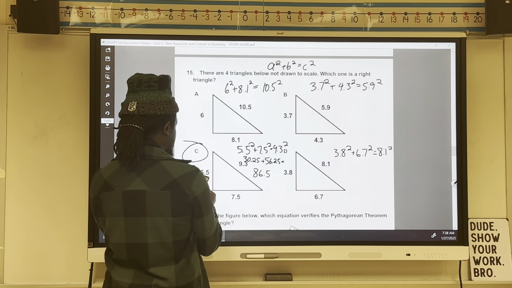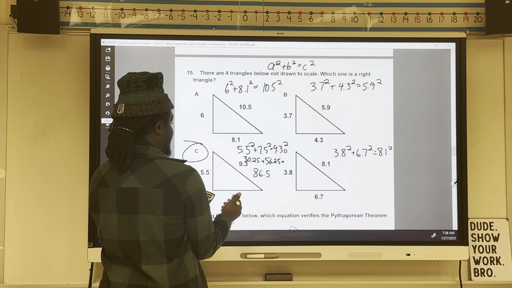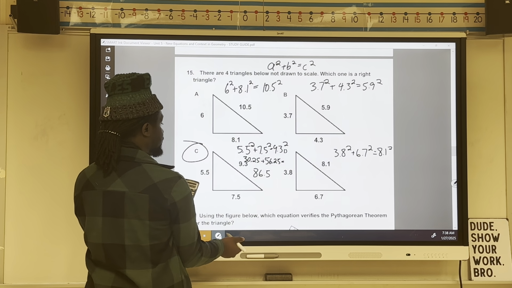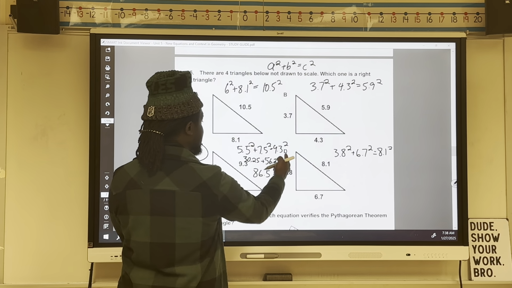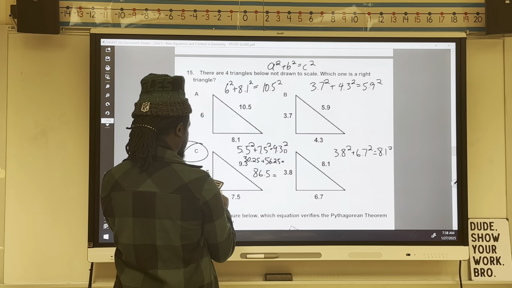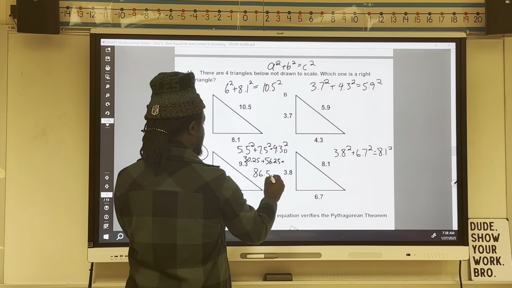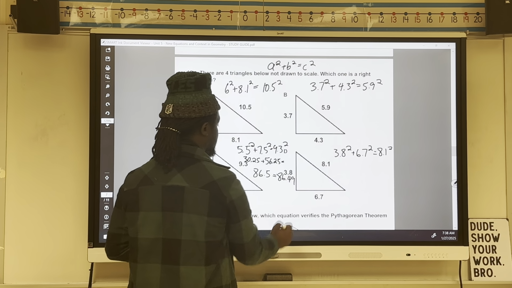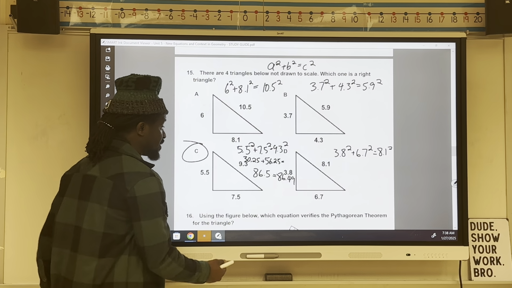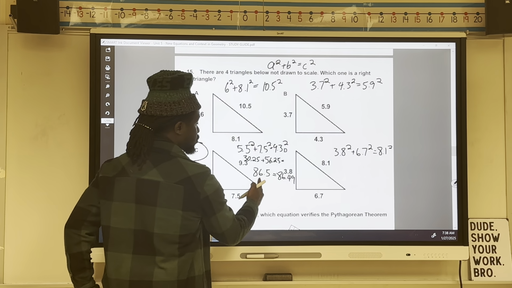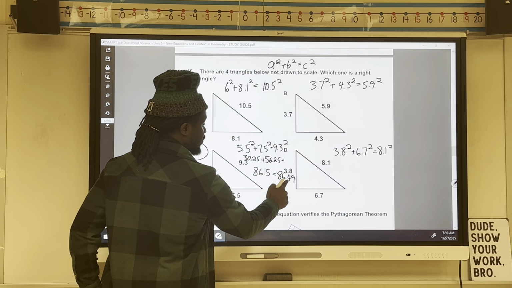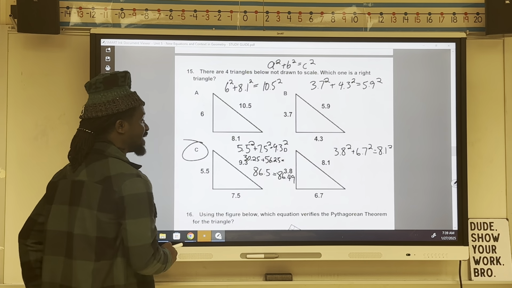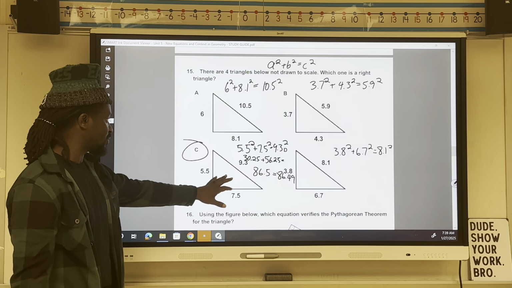Now I could take the square root of that, and that gives me 9.3. Or I could square 9.3, and that gives me 86.49, which is, I know this is really close. If I round this up, then I'm going to get 86.5. So C is the correct answer there, all right?